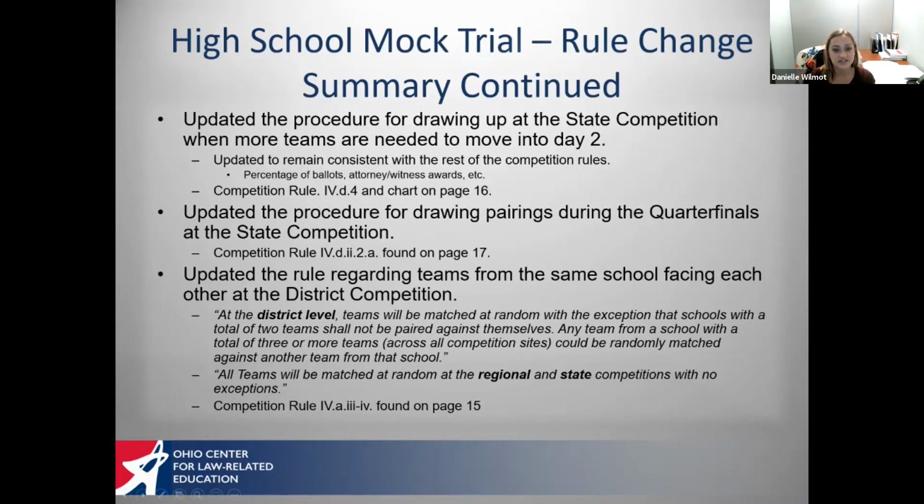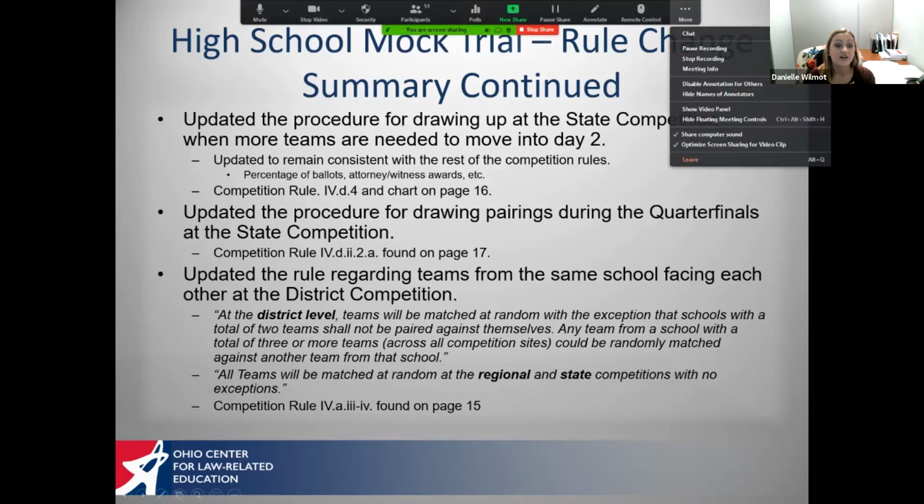So page 16 is where you can find that information. And there, we've updated the procedure for drawing pairings during the quarterfinals at the state competition. It's just a really brief update, so nothing major to that, but you can find that change on page 17.